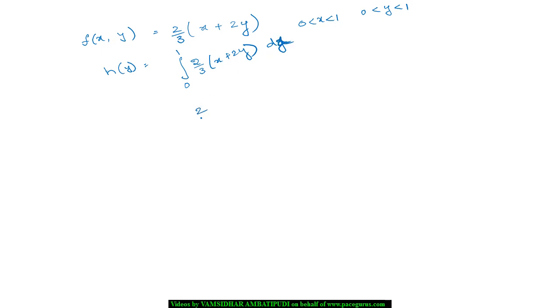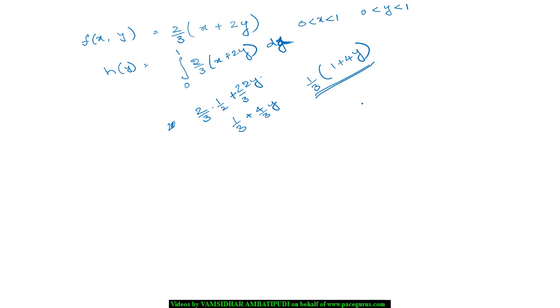So 2 by 3 times x squared by 2, which is 1 by 2, plus 2y into x evaluated at 1. So this comes out as 2 by 3 into 1 by 2 plus 2 by 3 into 2y, which makes it 1 by 3 plus 4 by 3y, or 1 by 3 times 1 plus 4y. This is my marginal distribution associated with y.